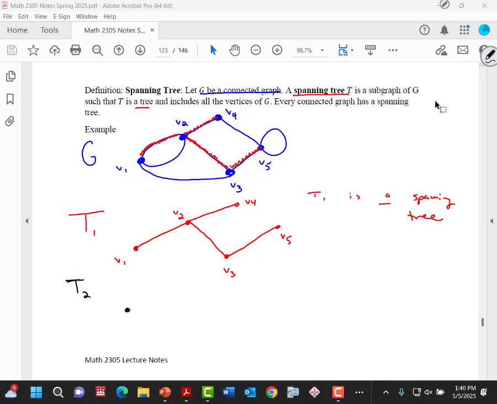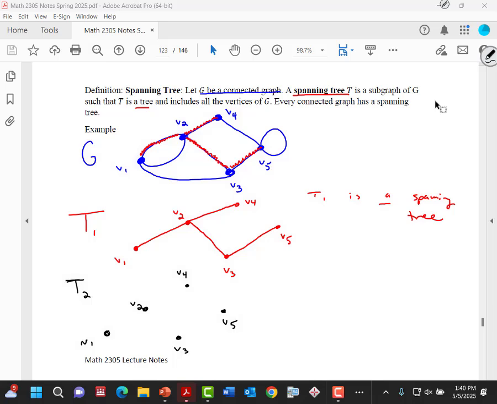What if I did this? Start with the vertex set. So V1, V2, V3, V4, V5. Okay? So I'm going to construct a different spanning tree. Okay, well, what if I did this?